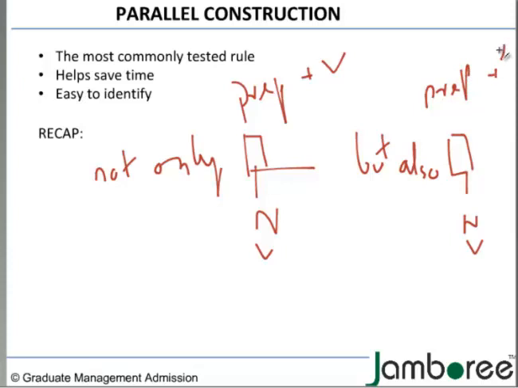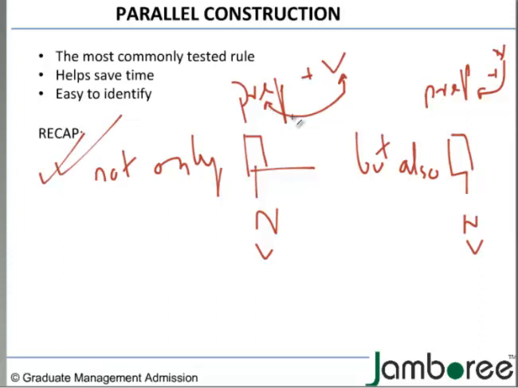Now all of you know that every verb takes a certain preposition. So what the preposition will be depends on which verb. So it's not that you need exactly the same preposition, but the format has to be the same. This is something that is commonly tested on the higher difficulty level questions on parallel construction.